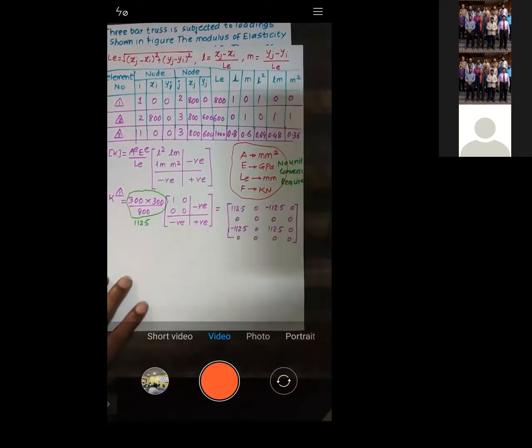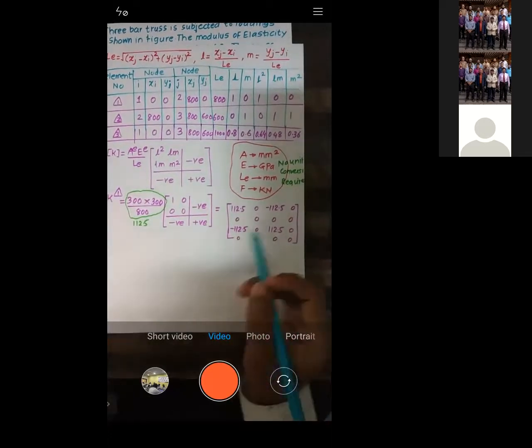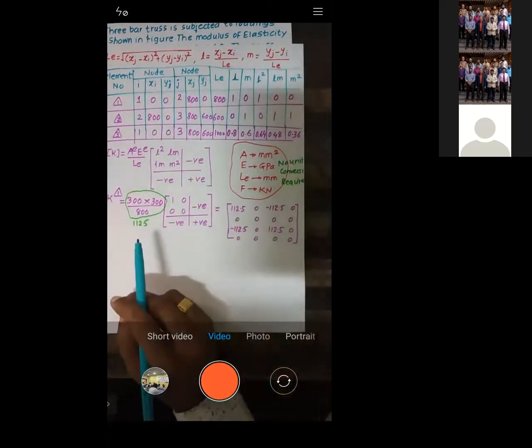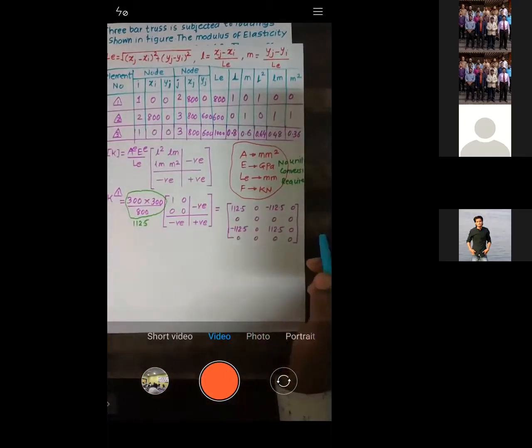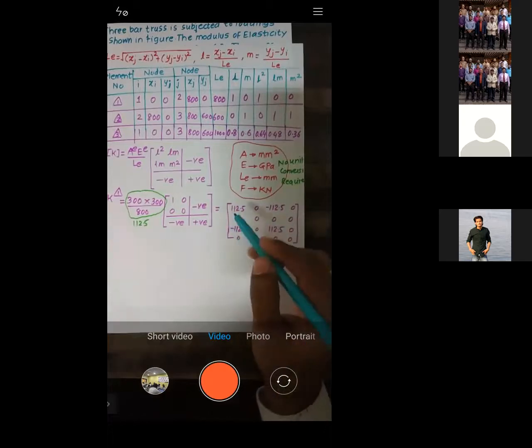Now we have this element stiffness matrix, but the purpose of the element stiffness matrix is to get the global stiffness matrix. For that, we should number the rows and columns.